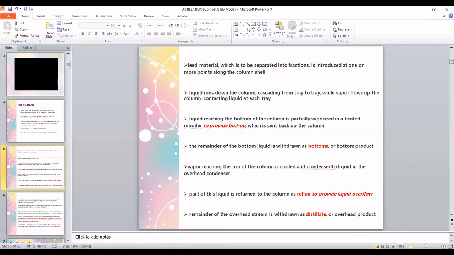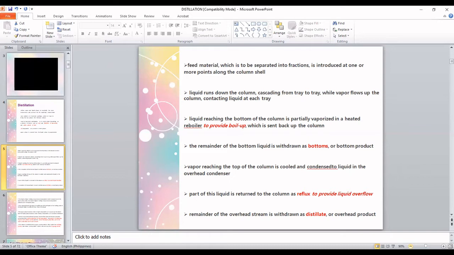So the remainder of the bottom liquid, I said it's only partly vaporized. So part is vapor, while the other part of this collected liquid at the bottom of your column is withdrawn as the bottoms or the bottom product. The main product of distillation in most processes is the distillate.